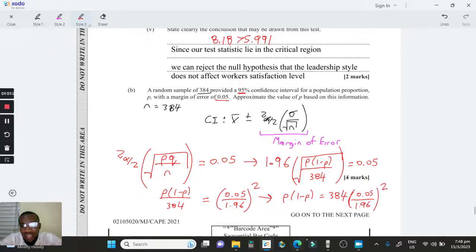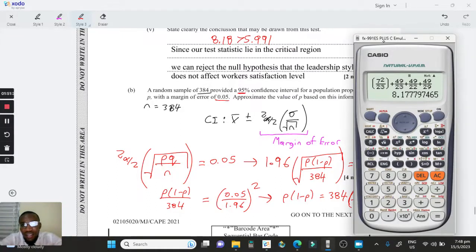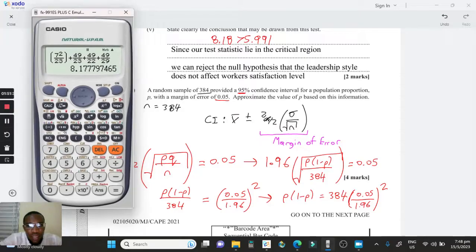This is transposition, guys. What an easy question. This is literally just mathematics now. I know applied math is math, but it's the first time we're doing so much math. 0.05 over 1.96, close the bracket, square, and this is what we get, 0.25. So that means P times 1 minus P is 0.25.